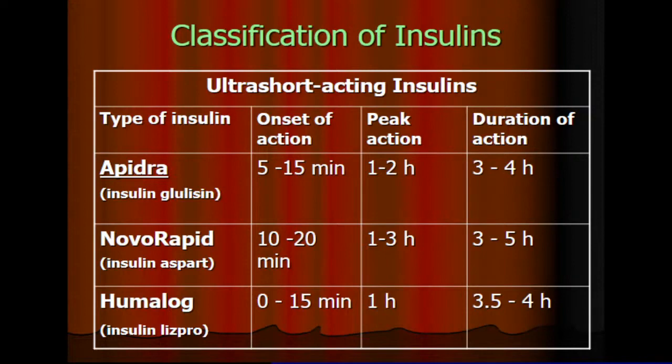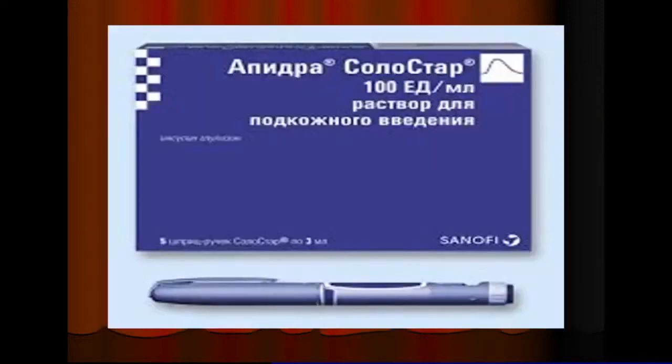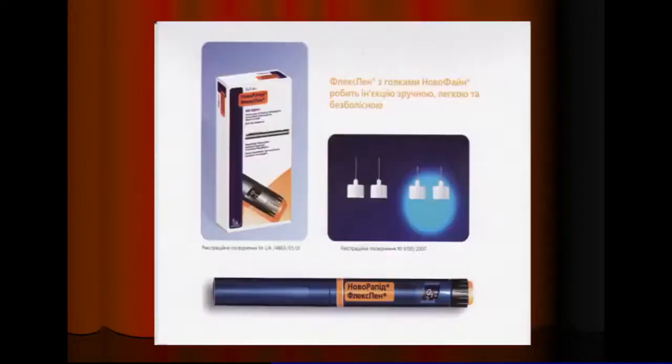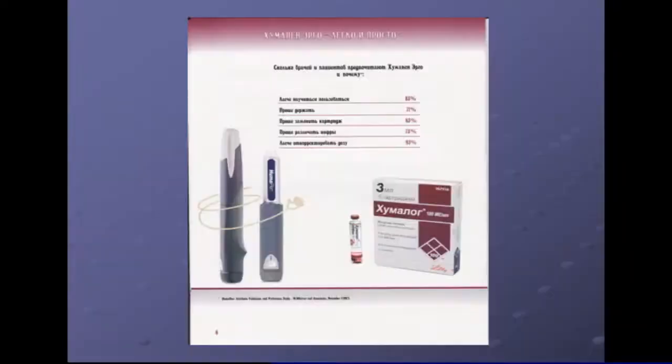Peak action: Apidra 1 to 2 hours, Novarapid 1 to 3 hours, and Humalog 1 hour. Duration of action: Apidra 3 to 4 hours, Novarapid 3 to 5 hours, and Humalog 3 to 4 hours. It's Apidra, it's FlexPen Novarapid, and it's insulin Lispro or Humalog.